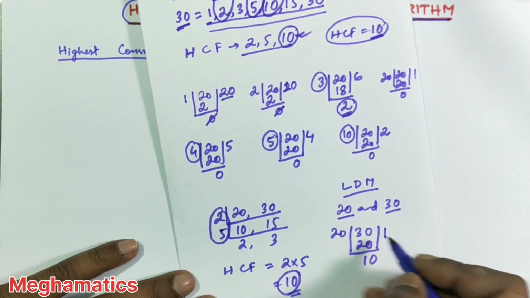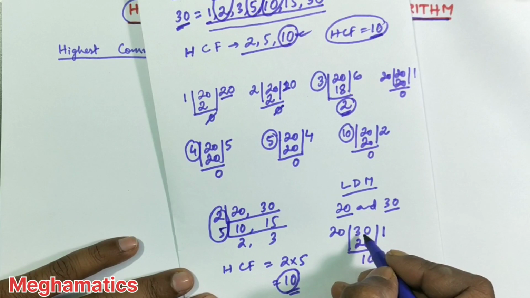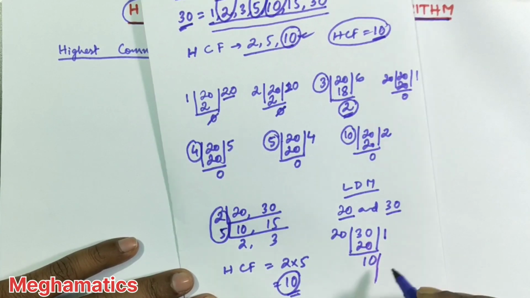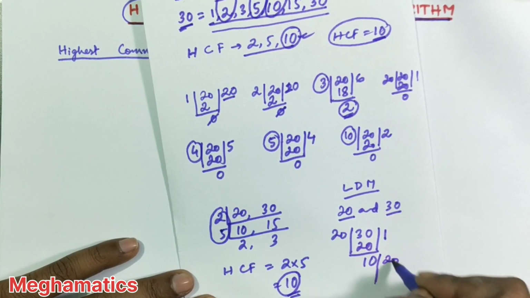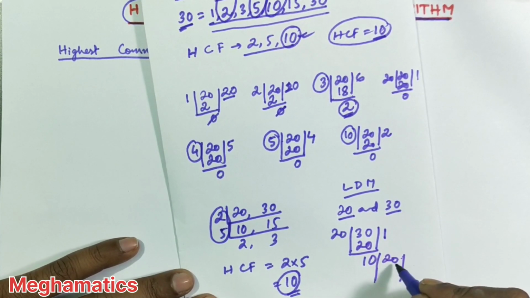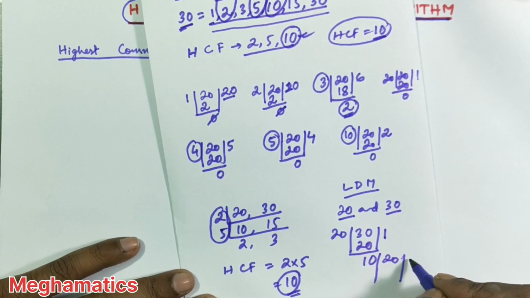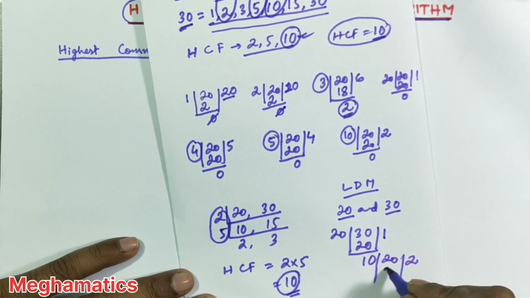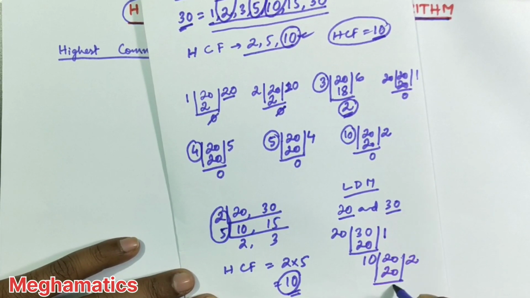Now what we'll do, the number by which we have divided 30, that number will come here. And by this 10 again, we'll have to divide this 20. So if we divide 20 with this 10, we are getting 2 times and 20 here, and the remainder is 0.